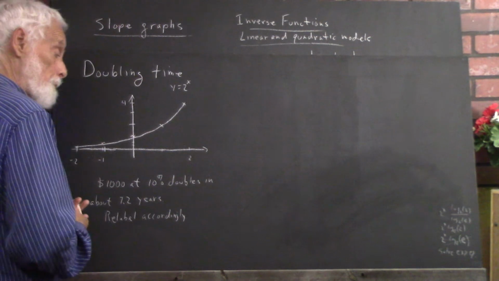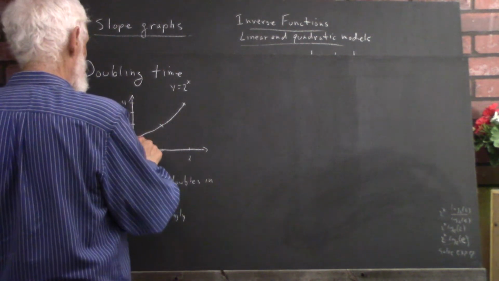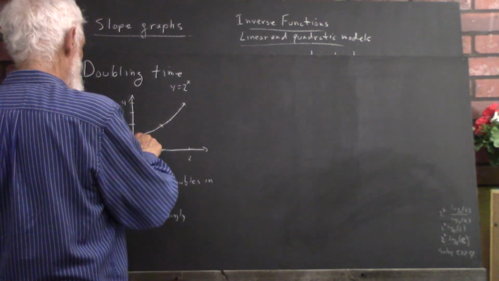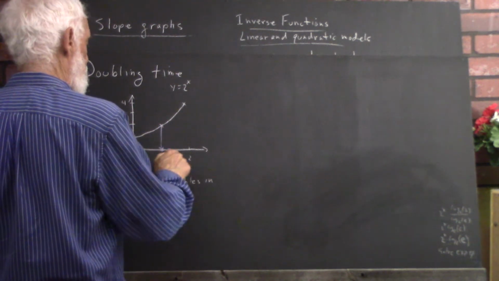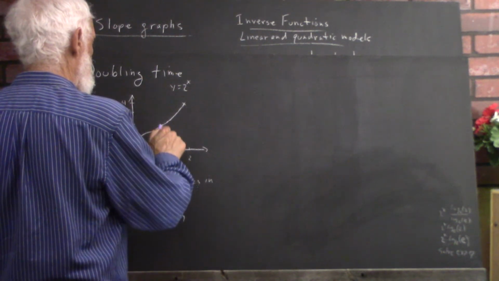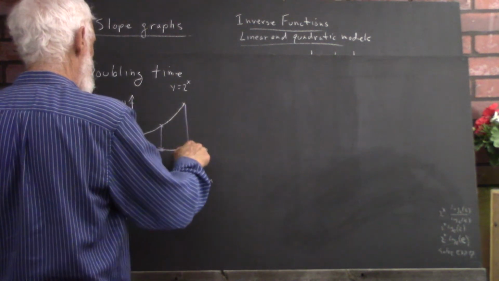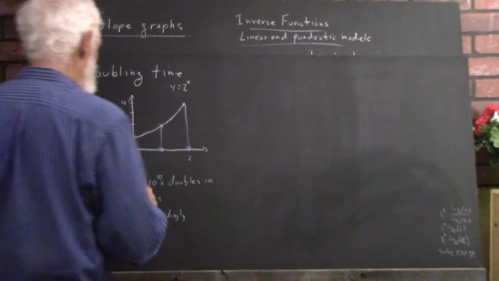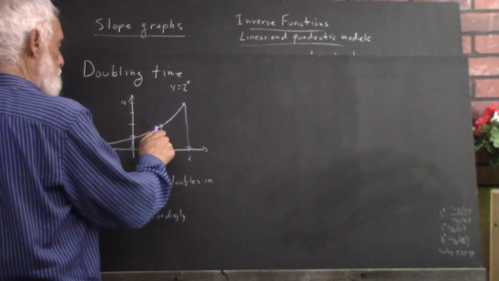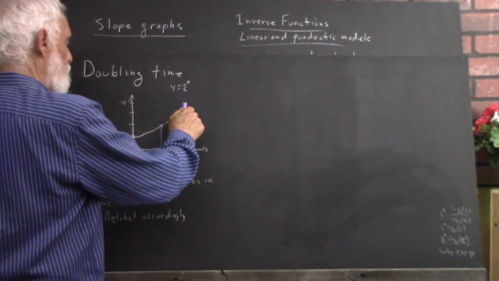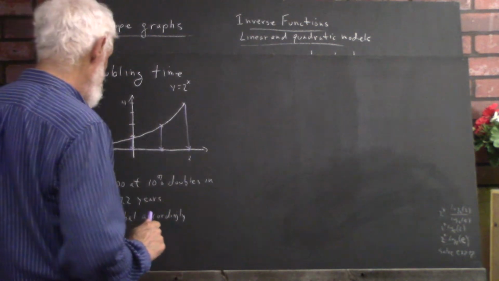Pretty clear that this graph doubles as you go from here to here, and as you go from here to here. Because of course the value of the function is 1 here and 2 here, so it doubles, and 2 here and 4 here, so it doubles again.